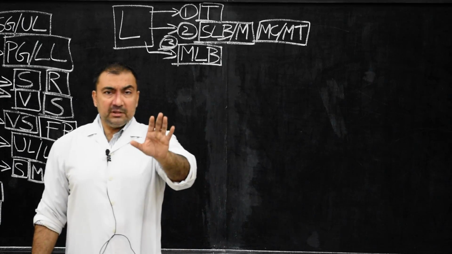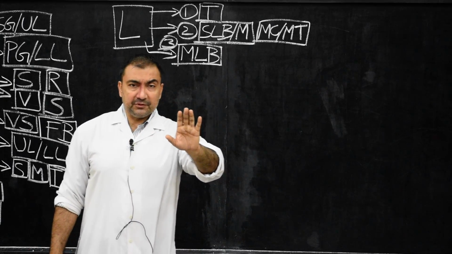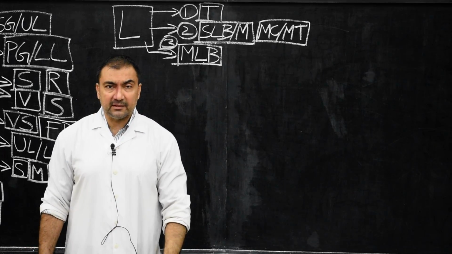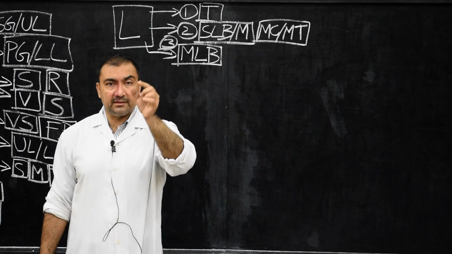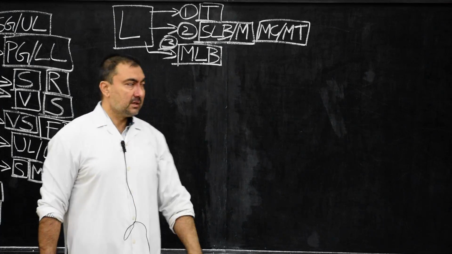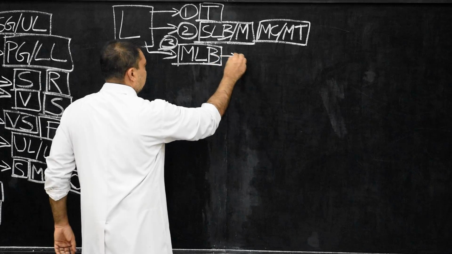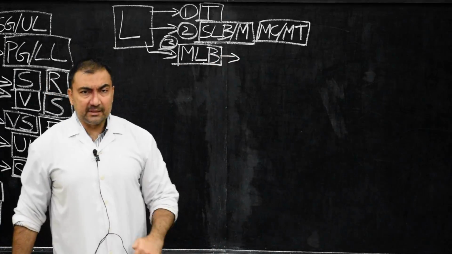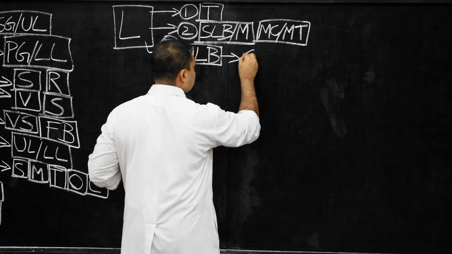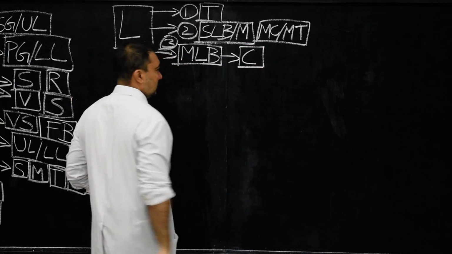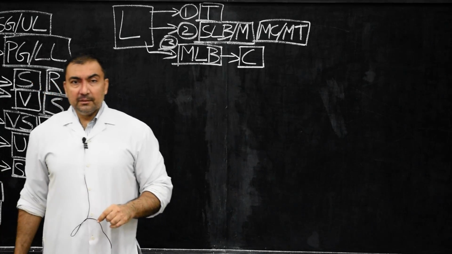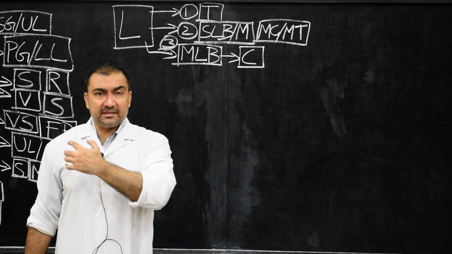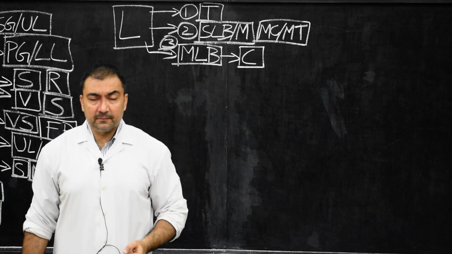Once again I repeat, all the metacarpals and metatarsals, their centers of ossification will be at their heads, except the first metacarpal and first metatarsal, where the centers of ossification will be at the base. Third subcategory, that is modified long bone. Very strong example: clavicle. Because clavicle is the long bone which is placed in a horizontal position in the human body.